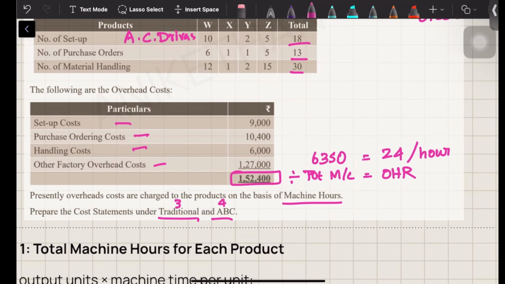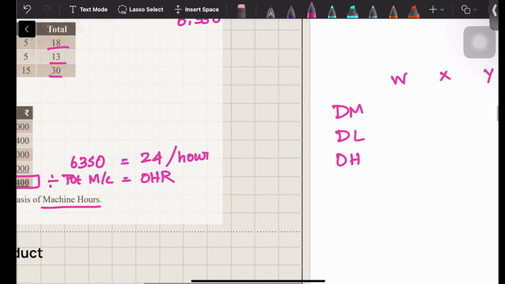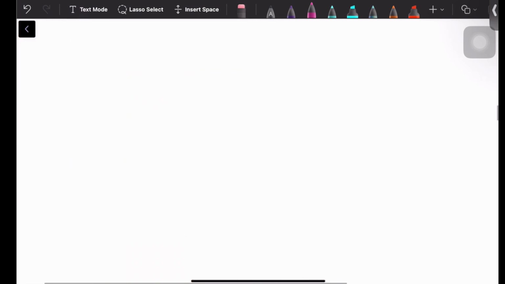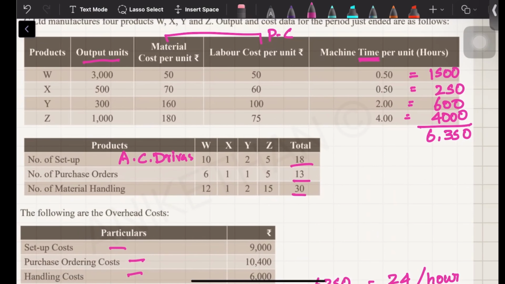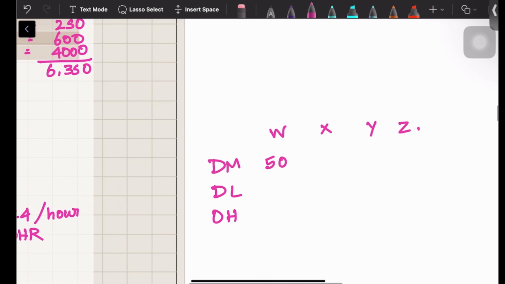Now I can calculate the cost as per traditional costing. How do I prepare the cost sheet? My cost sheet format: direct material, direct labor, prime cost. There is nothing else. Then overhead for W, X, Y, Z. Direct material: 50, 70, 160, 180.